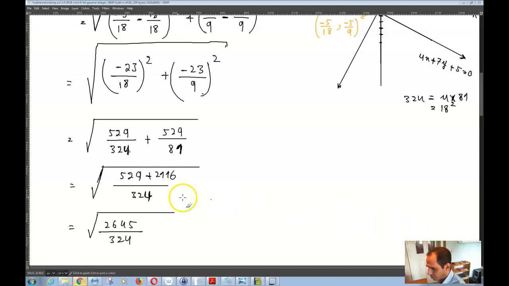But about this number, 2645, I suppose we can use a calculator to save some time. The square root of 2645 is 23 square root of 5. So I can write this as 23 square root of 5 over 18.